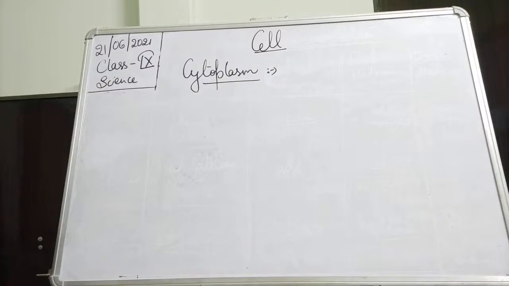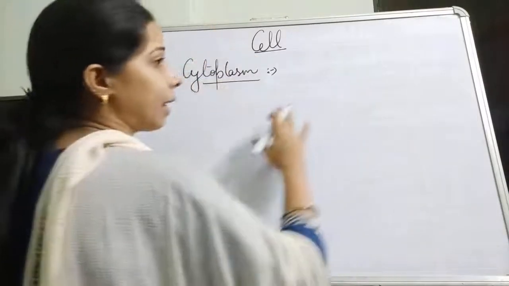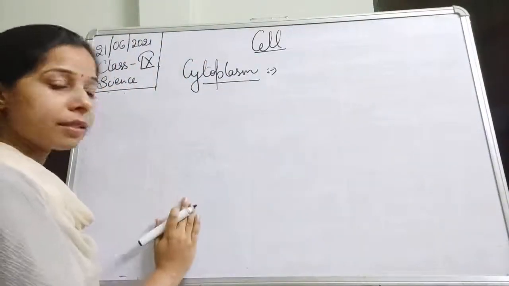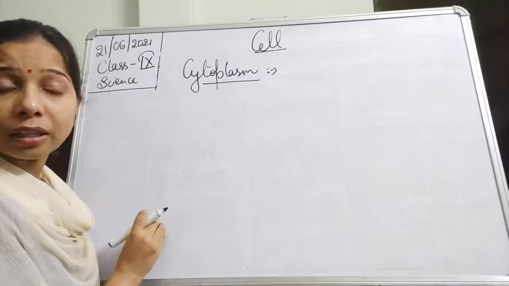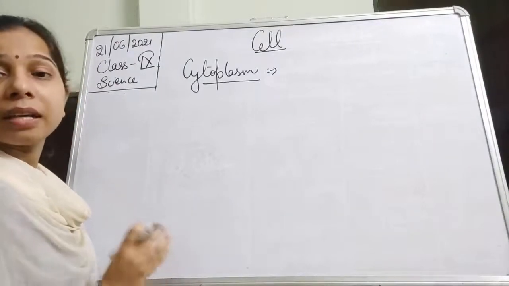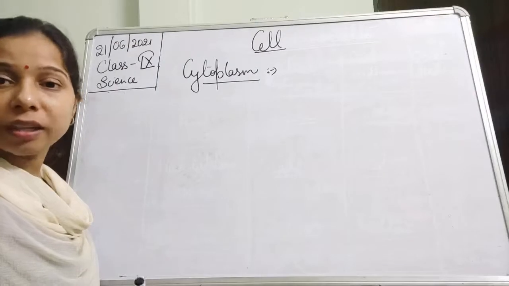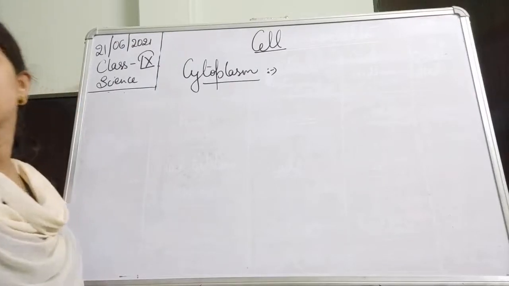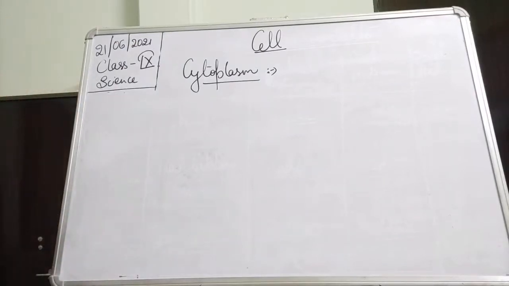So we can say that the remaining part except the cell wall, nucleus and cell membrane that we have seen right now consists of a jelly-like matrix, which is called cytoplasm.